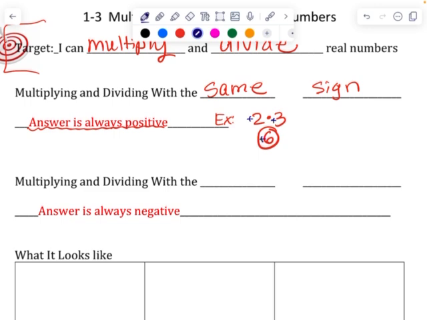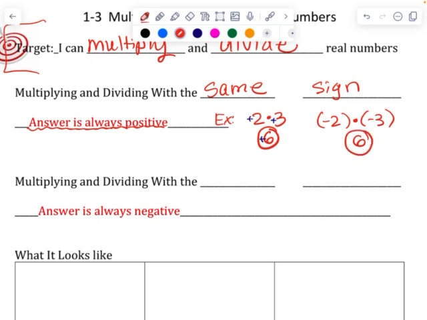Now, when we talk about positive numbers or write positive numbers, we really don't write the plus sign. They're just assumed. But if I have negative 2 times negative 3, the rule for multiplying numbers with the same sign, negative times a negative, well, my answer is always positive. I have a positive 6.